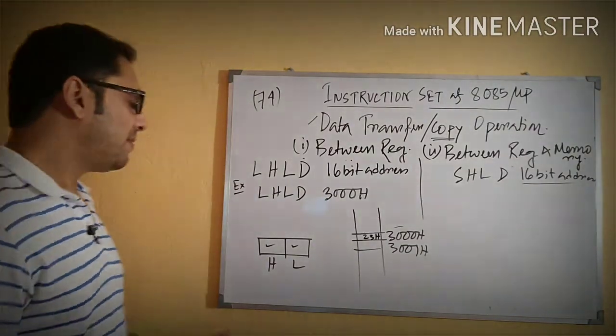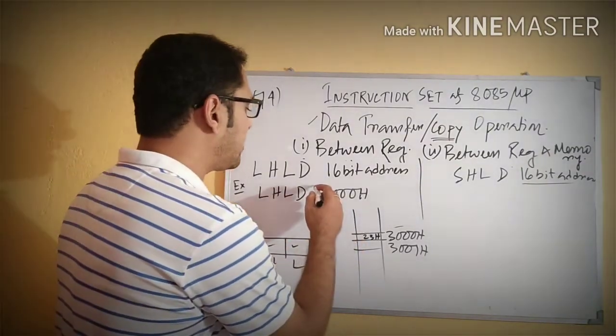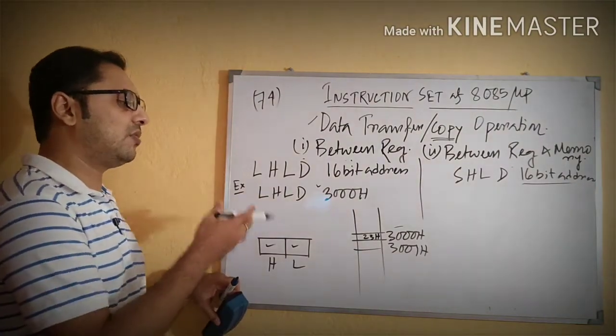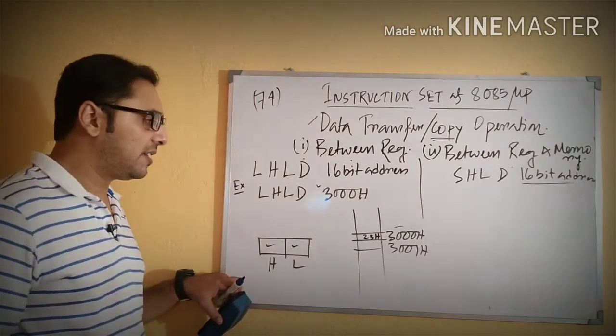The answer is, in case of LHLD and SHLD, though the operand is a particular memory location, the instruction will use 2 consecutive memory locations. I am repeating it once again.